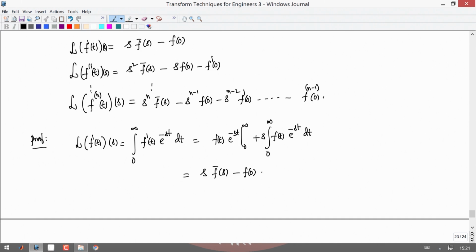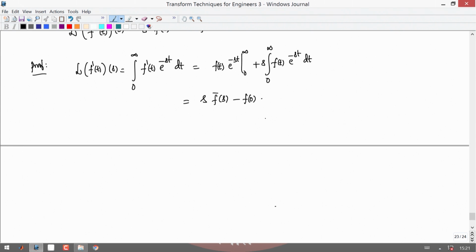So that is the first one, and you can calculate the other ones the same way. What is the Laplace transform of f double dash of t, which is a function of s? What you have is the integral from 0 to infinity of f double dash of t e power minus st dt.